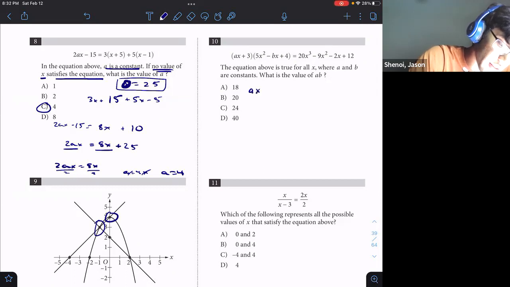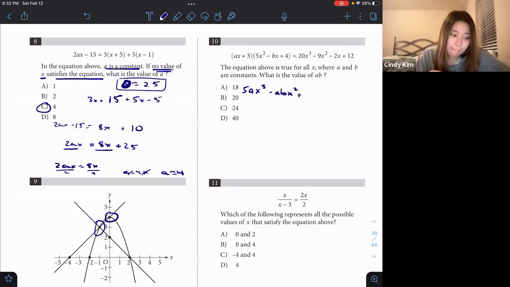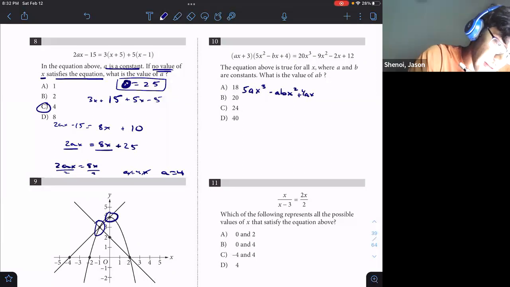So 5ax cubed minus abx squared plus 4ax plus 3 plus 15x squared minus 3bx plus 12.